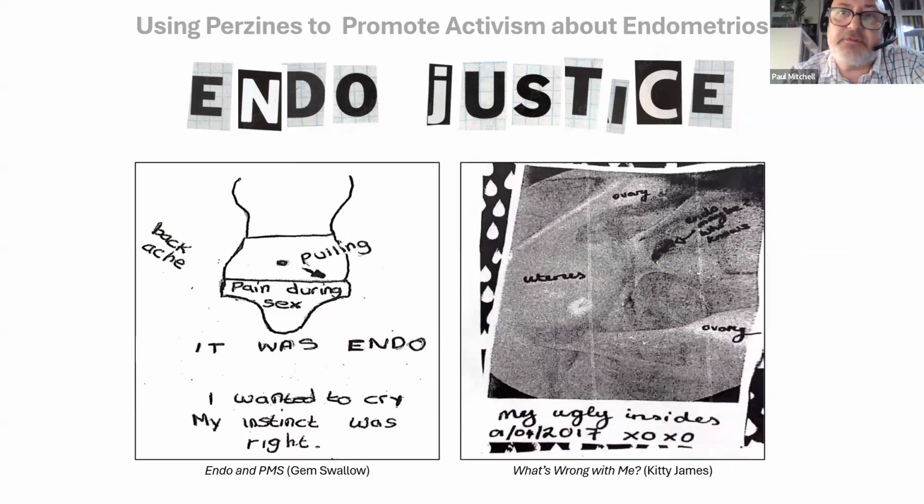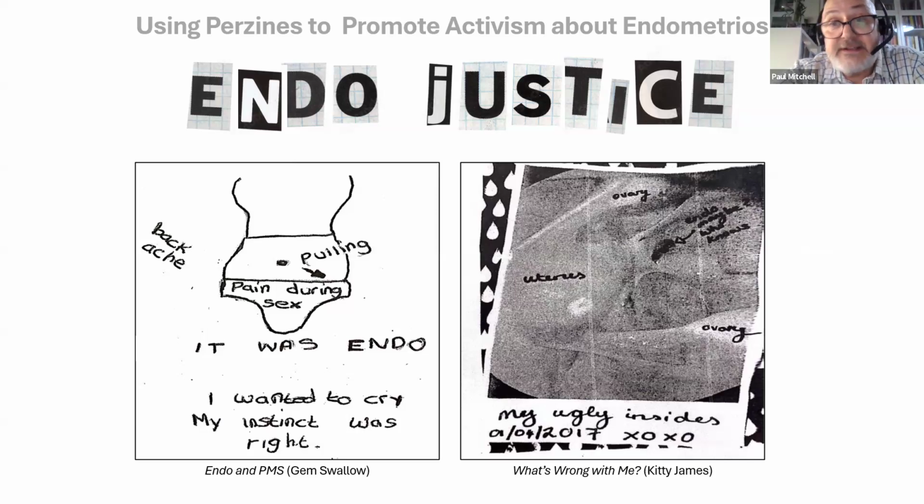And here again, Jem's perzine endo and PMS validates the embodied knowledge of the ill person by insisting, "It was endo, my instinct was right." So it's a brief assertion, but it insists on the legitimacy of an individual's lived experience in the face of medical delay and denial.